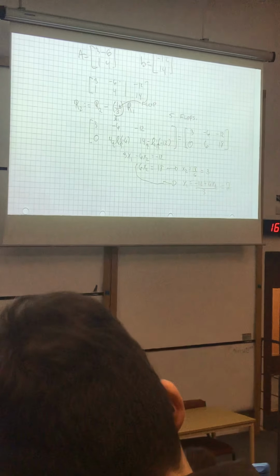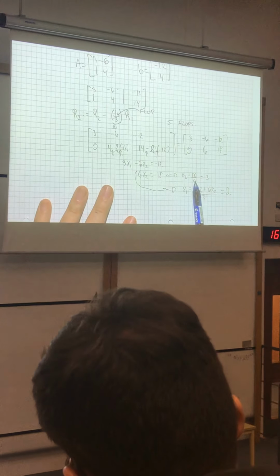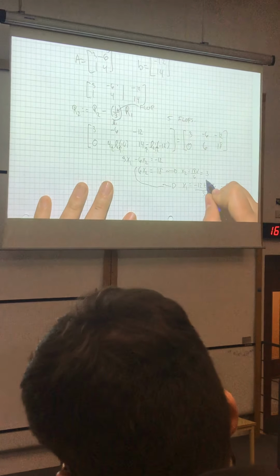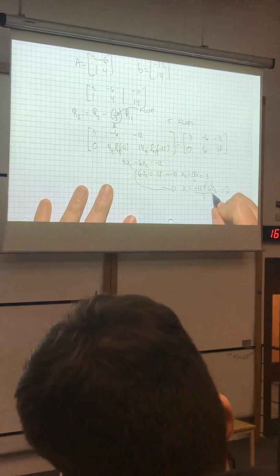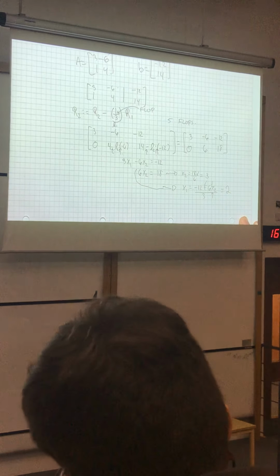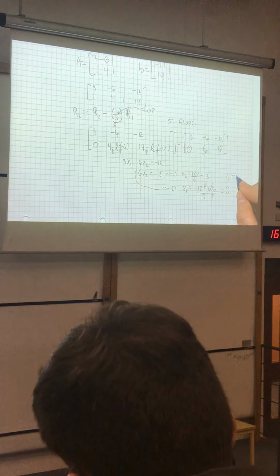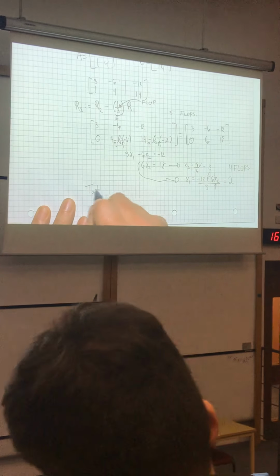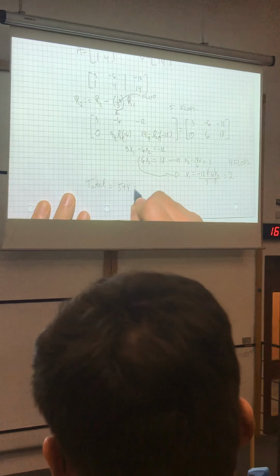Okay, so not too many mistakes. And now let's count the flops here. So here I have 1 flop, and here I've got 1, 2, 3 flops. So that's 4 flops. And so the total is 5 plus 4 is equal to 9 flops.